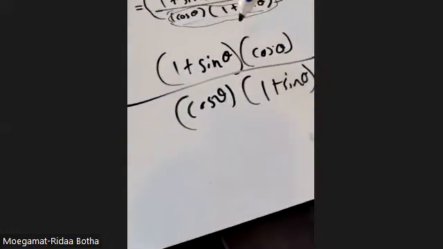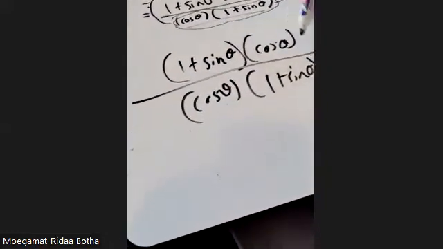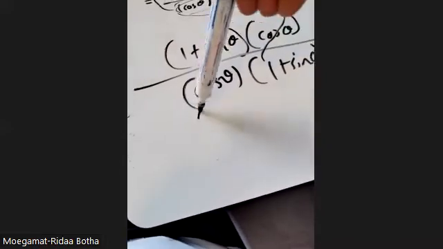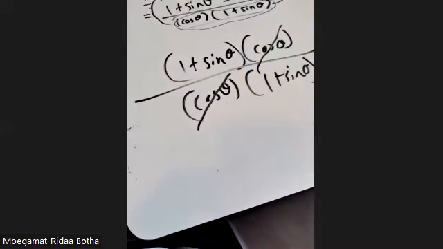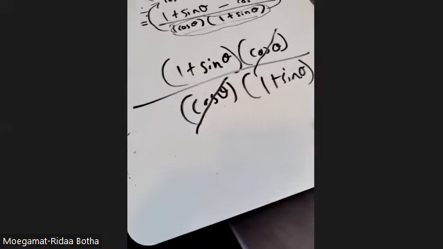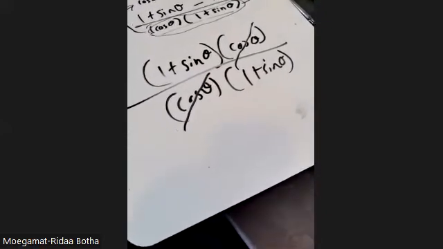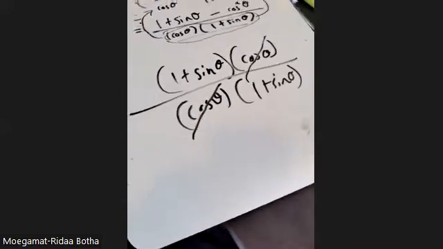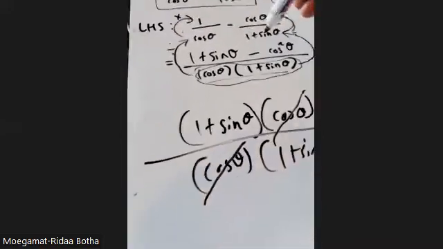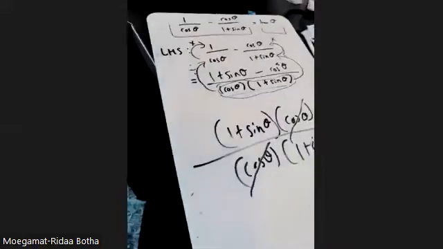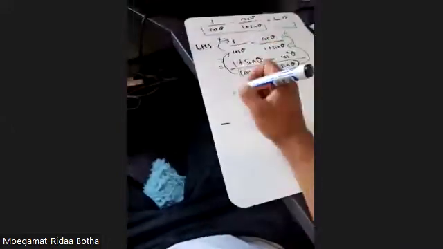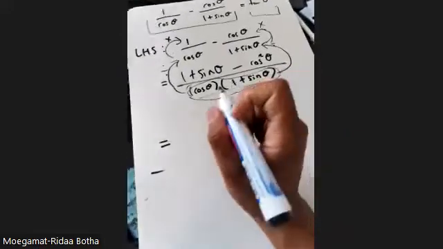If there was a multiplication sign there between this term and cos theta, then we could have cross cancelled. Understand? However, there's no multiplication. There's a subtraction sign. There's a minus sign. You see? So we can't cross cancel. Okay?